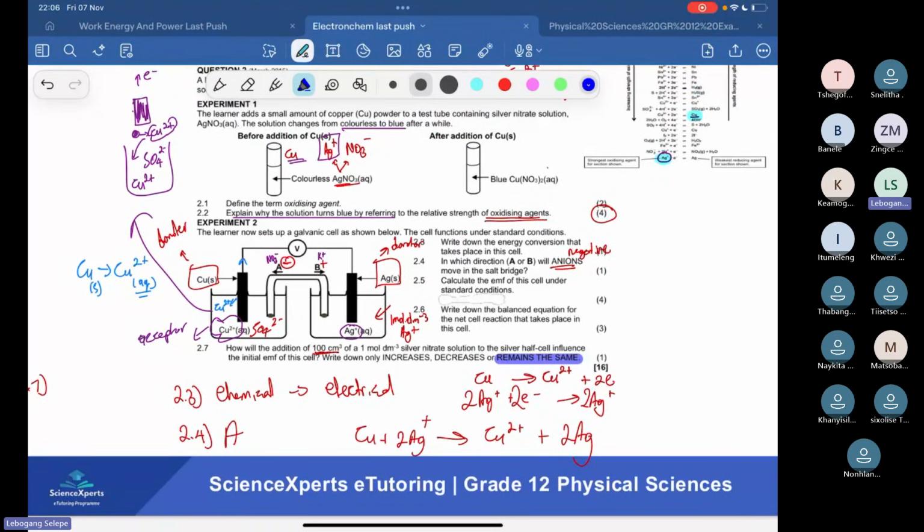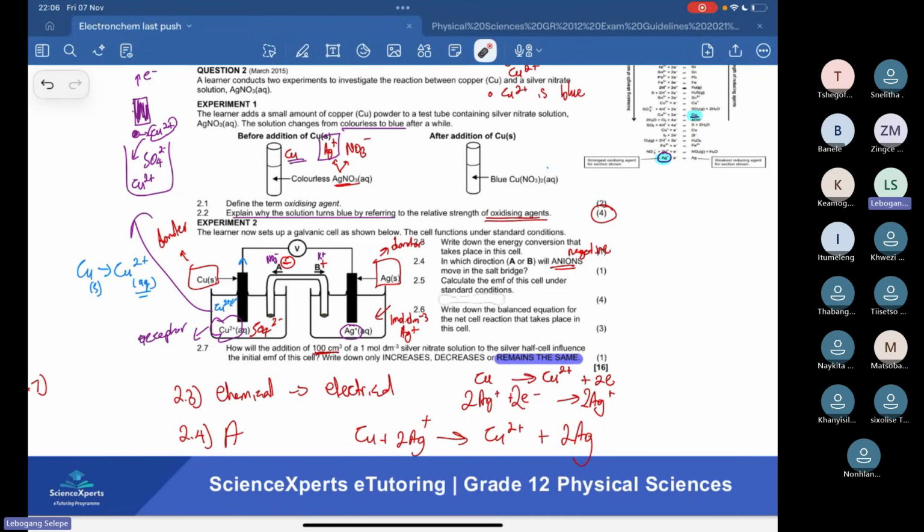Because remember, to see the effect of concentration on the EMF, we need to take a look at the overall cell reaction, right?